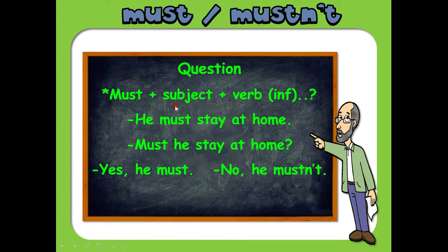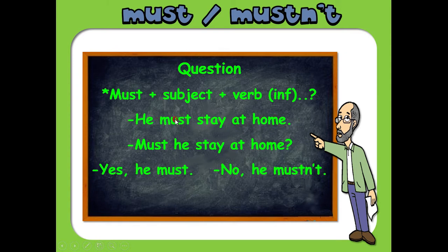The next, the question form. In the question form, we begin with must. After that, the subject, then the verb, and the verb should be in infinitive form. This example, he must stay at home. This is an affirmative sentence.